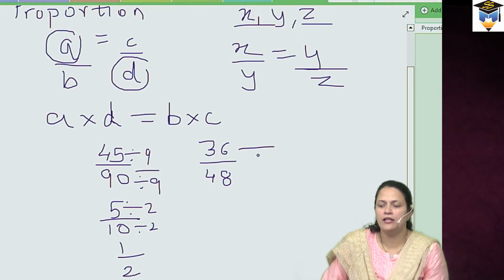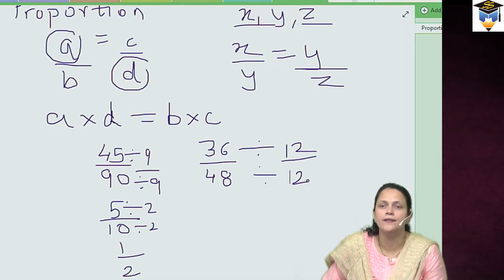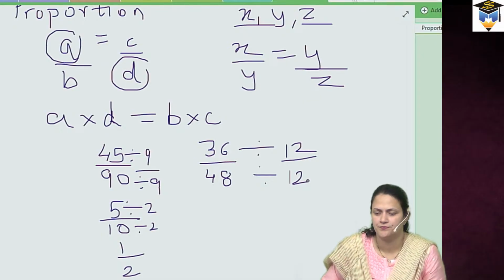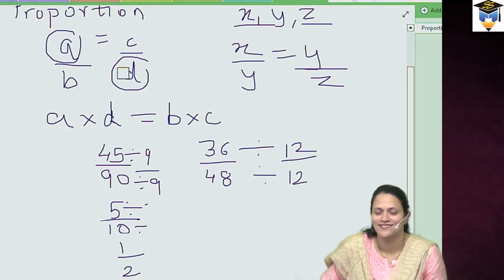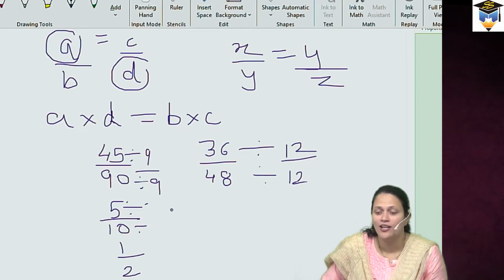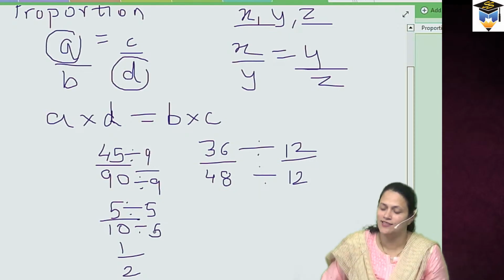Now here, if I divide both the numerator as well as the denominator, no, not by 2, by 5. Sorry, my bad. So 5 divided by 5 upon 10 divided by 5, answer is 1 by 2.